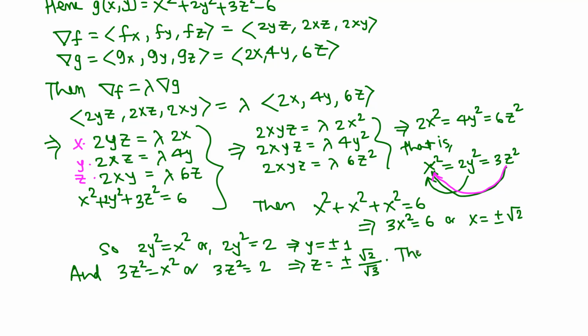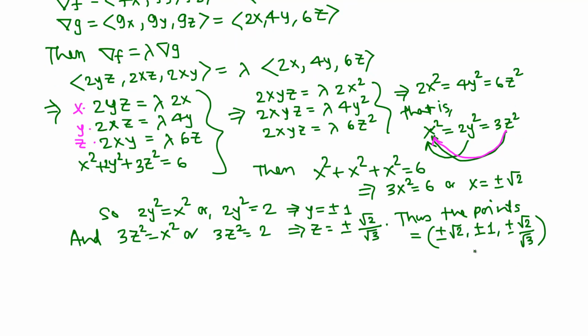So thus the points are in fact x is plus minus root 2, y is plus minus 1, and z is plus minus root 2 over root 3.